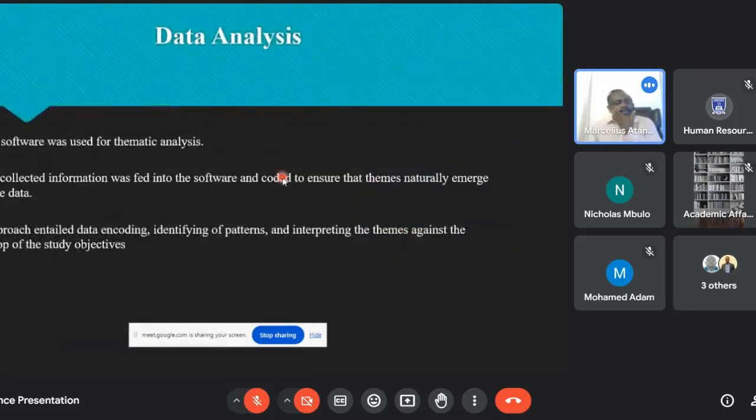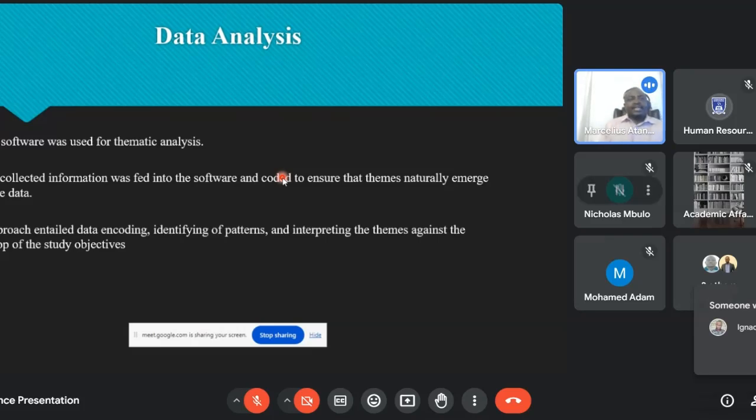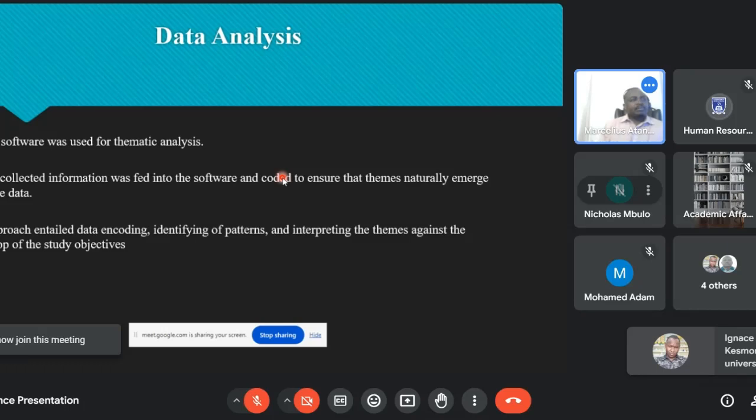Data analysis. We used a software called NVivo, which is a licensed software, mostly intended for states and organizations and some professionals that will help them to analyze and visualize data. It's very good for qualitative data analysis.